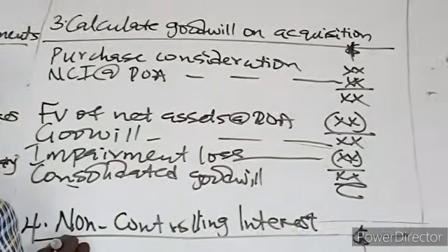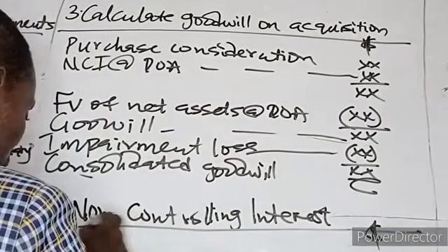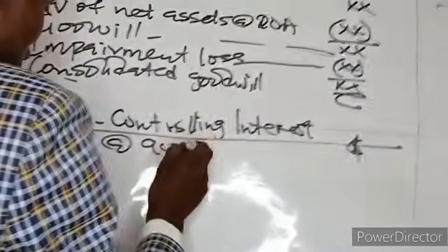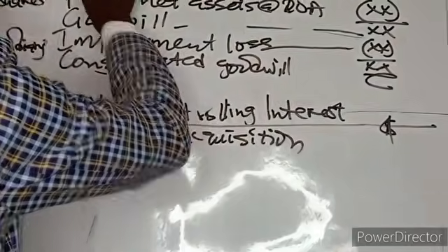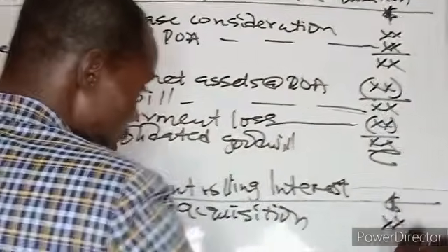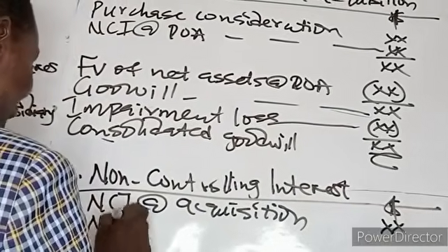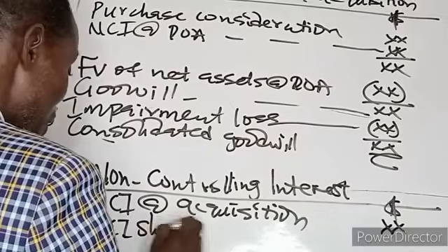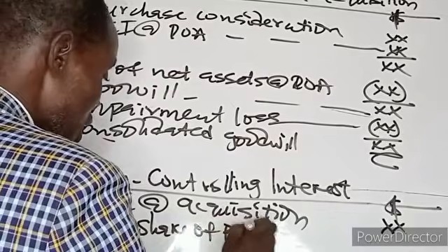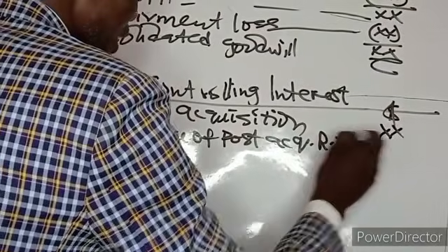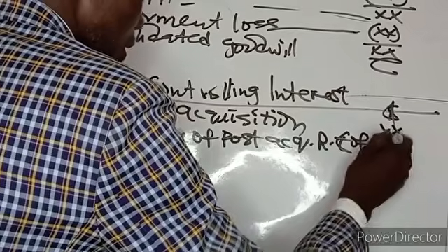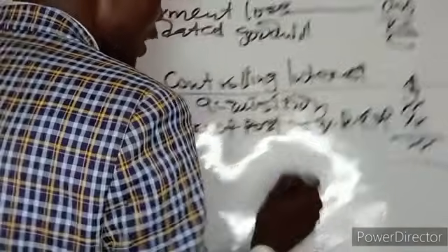NCI will be NCI at acquisition, the same amount you have here. Then you now have NCI's share of post-acquisition retained earnings of the subsidiary. So you have the amount of NCI that will be consolidated.